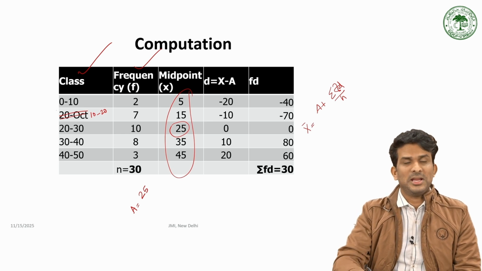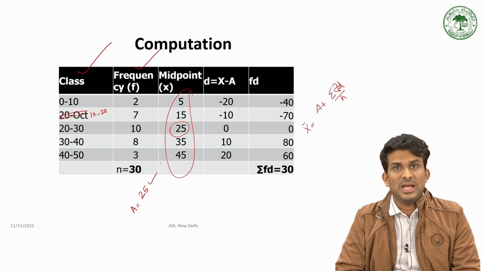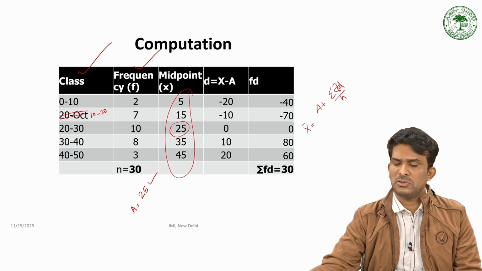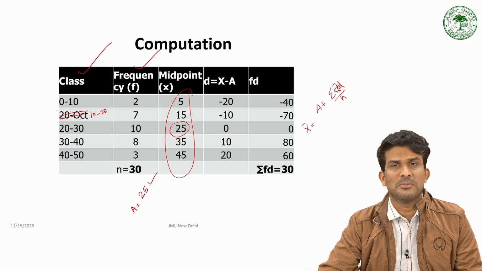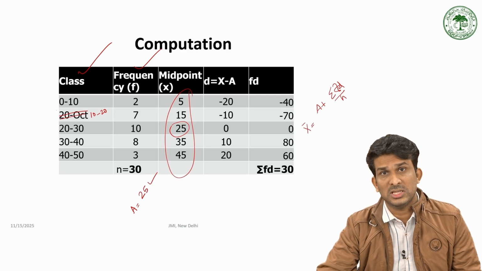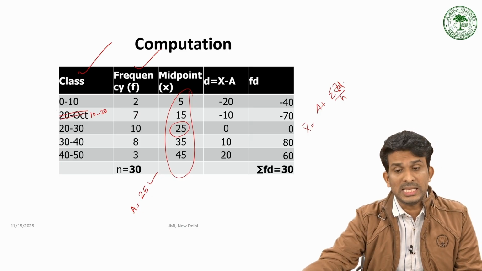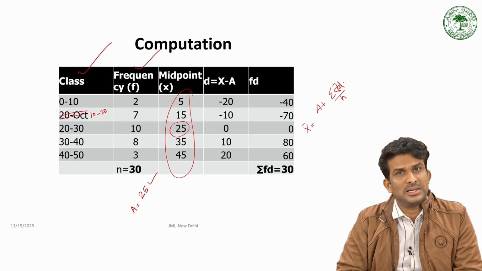See, I got assumed mean. What is it? It is 25. I fixed a midpoint as assumed mean. Now see, what is sigma fd? I need f and I have to multiply f with d. Initially f is already given, no need to calculate anything, but d I have to calculate. How to calculate d?